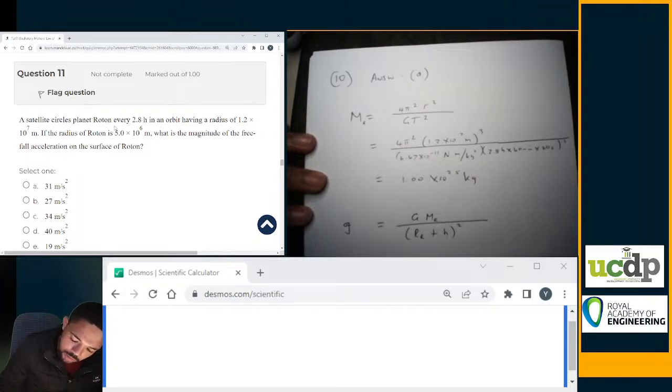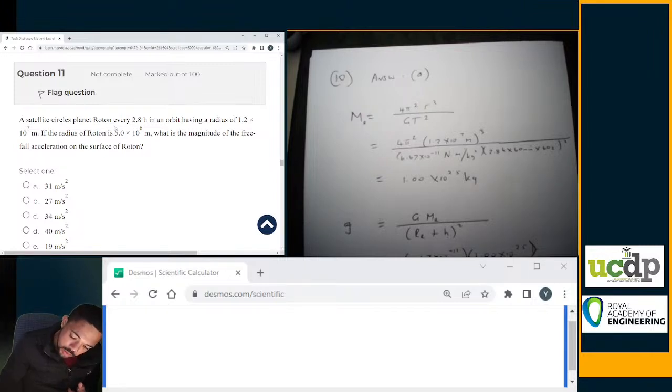Plus the height above the surface, which is 0, squared. That is 6.67 times 10 to the negative 11 multiplied by the mass of planet Roton, which is 1.1 times 10 to the 25 kilograms. Not putting in the units. So the free fall acceleration will be 26.84 meters per second squared.